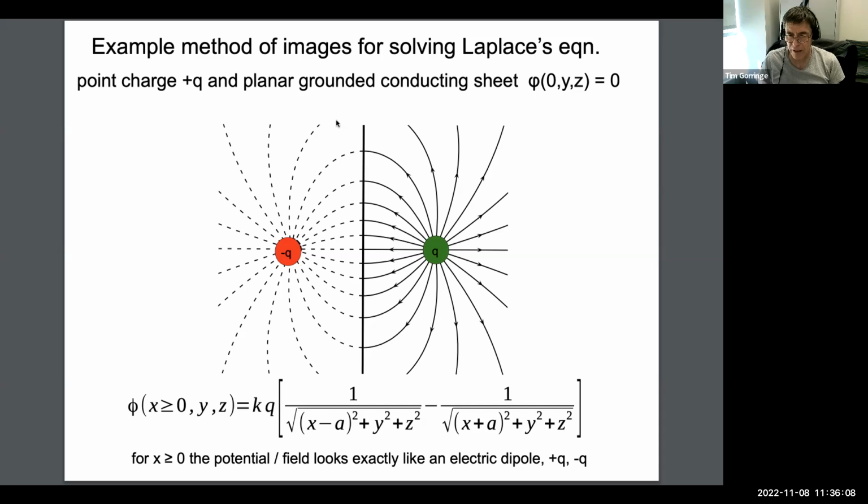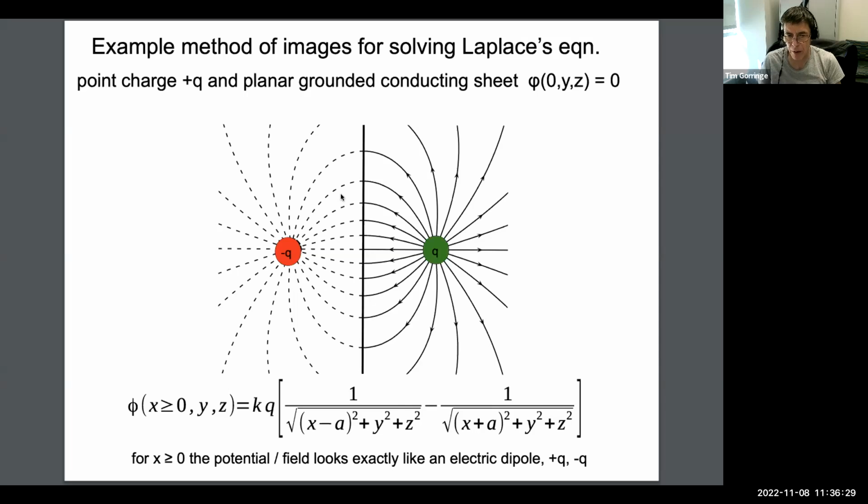As I say, the method of images is sort of like guessing the solution to your problem and checking that it matches the boundary conditions of your problem. So here's the most famous example of the method of images.